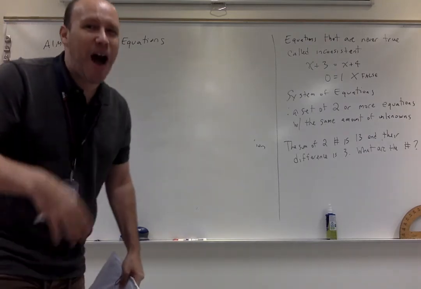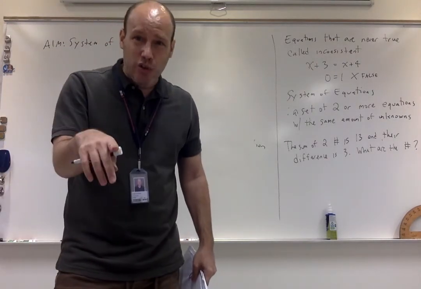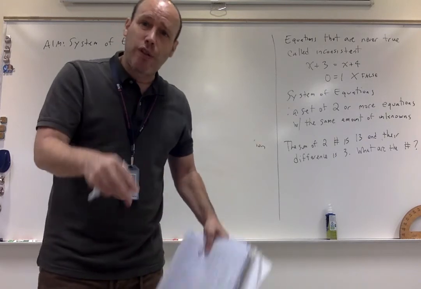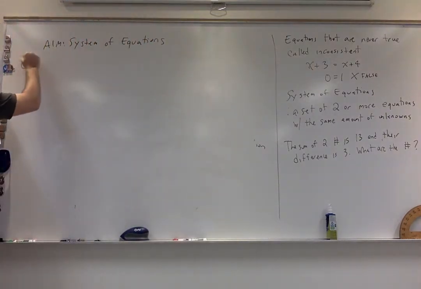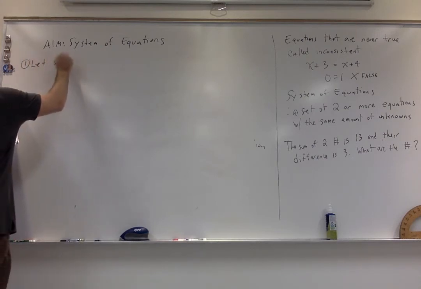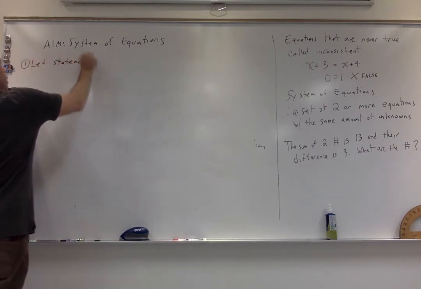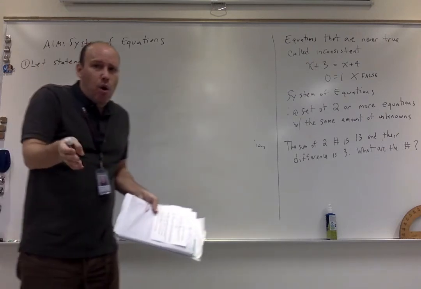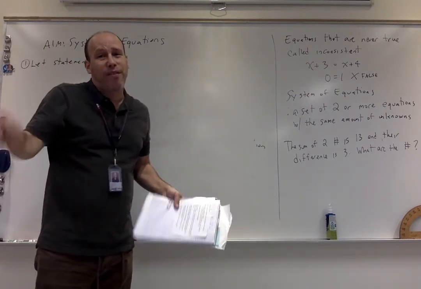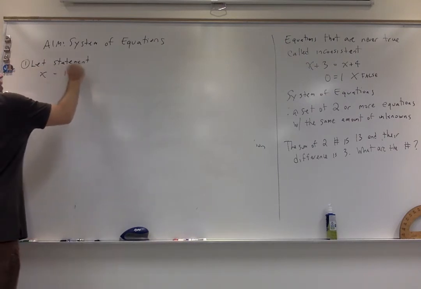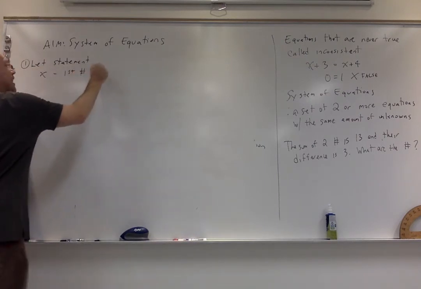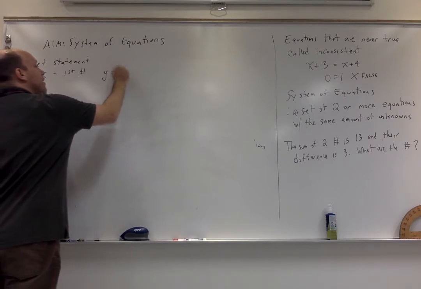If you were in class, I would ask you to cut that out, use the glue sticks, and glue it in your notebook. So what was the first thing? The let statement. The let statement is simply calling my unknowns by a variable. So I'm going to let x be my first number, and I'm going to let y be my second number.